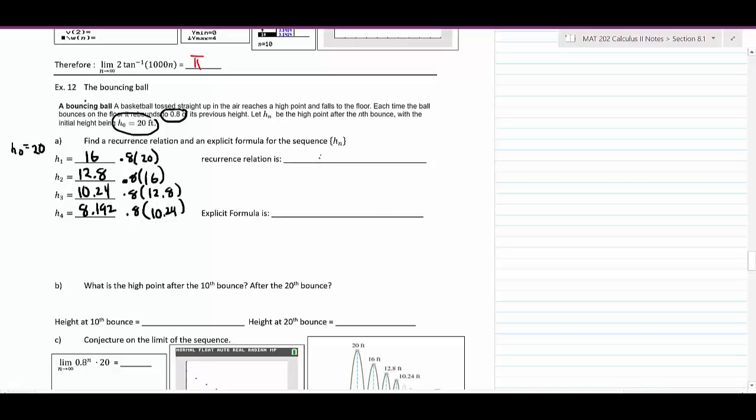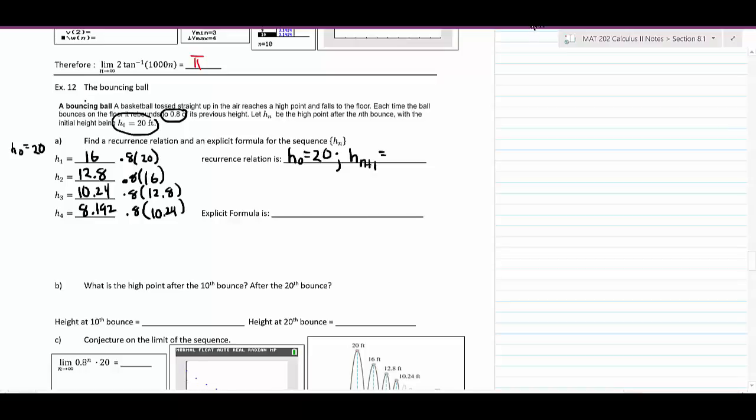Okay, so the recurrence relation on this goes like this. The first thing is you were given that the initial height was 20, and when you're doing a recurrence relation, you're defining the next term in terms of the previous term. So what would that be? What did we just do over and over again? We did 0.8 times the previous term, right?